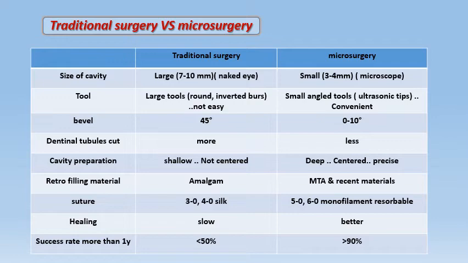However, for microsurgery now, we have 5-0 and 6-0 monofilament resorbable sutures. They are very fine, very good for aesthetics and produce better healing. So for the healing, for sure, microsurgery is better, and the success rate for microsurgery is more than 90% when compared to traditional surgery, which is less than 50%.